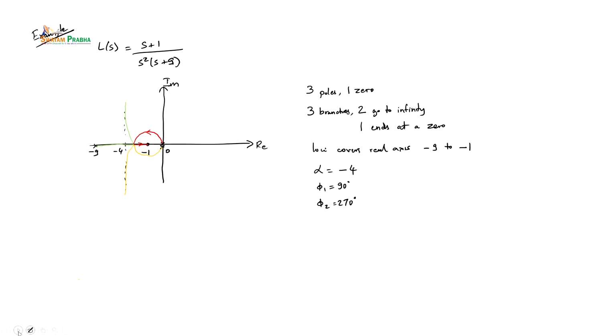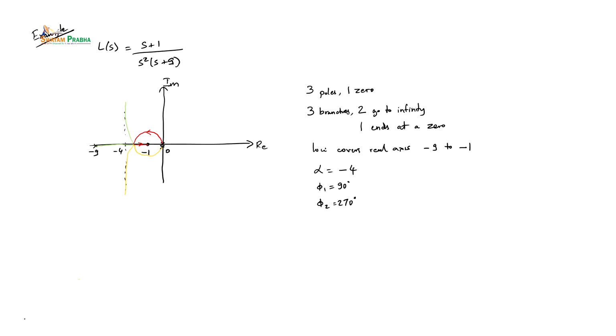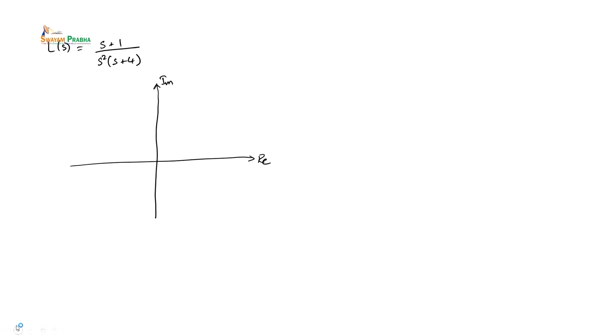Now let us consider another example where L(s) = (s + 1) / (s^2 (s + 4)). And we will now plot the root locus. If you observe, the difference between this example and the previous one is that we have changed the location of one pole, that is, instead of minus 9 it is now at minus 4.